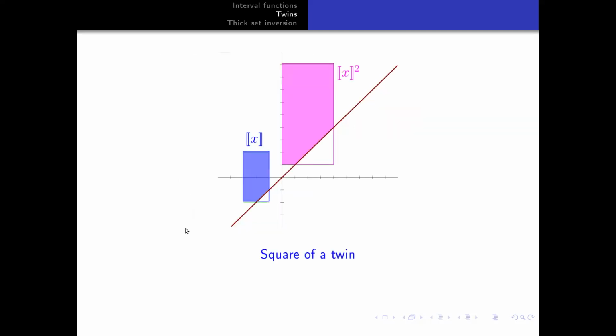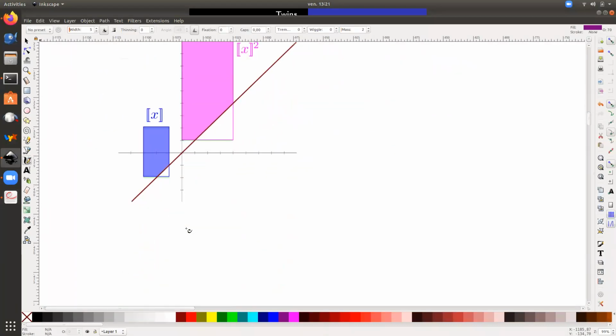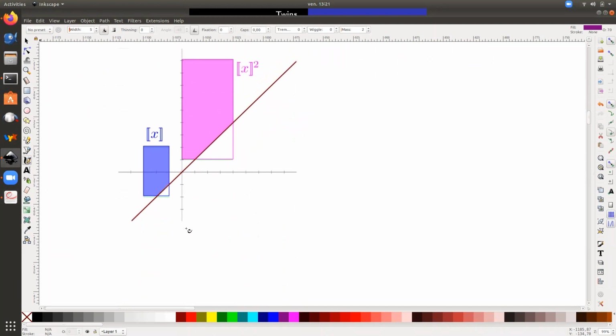Let me now give a representation in the endpoint diagram. If I take an interval here, the square of this interval will be here.